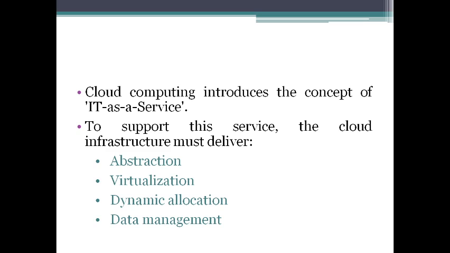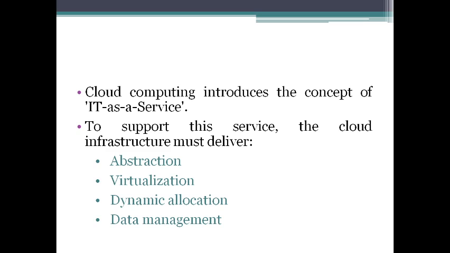And at the next level, you have the platform as a service, where the platform or the middleware is provided to you. And at the next level, you have the software as a service, where a particular package like customer relationship management or e-commerce is delivered as a service. And at the highest level, you have the business process as a service. So if you see all this, cloud computing introduces the concept of IT as a service.